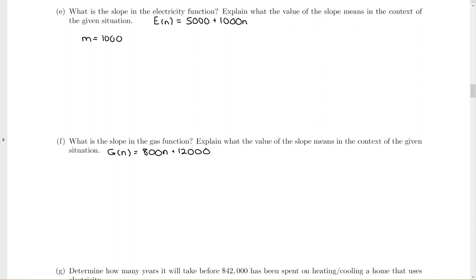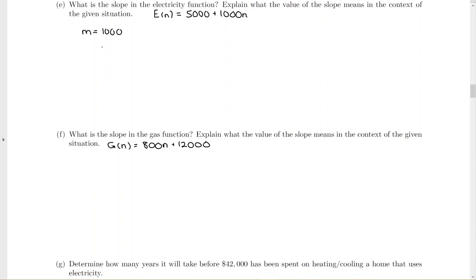Explain what the value of the slope means in context of the given situation. So our 1,000 is our cost that we're increasing every year. So it's $1,000 per year, and that's what we're increasing by.